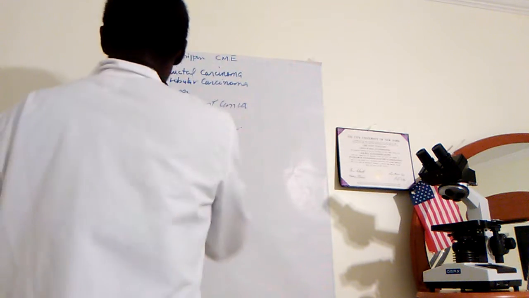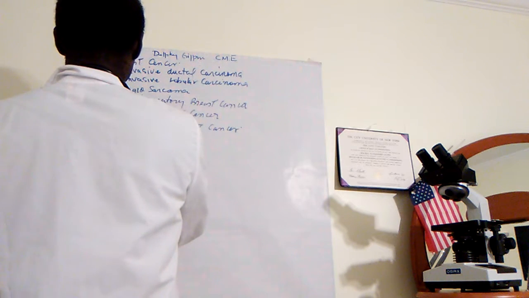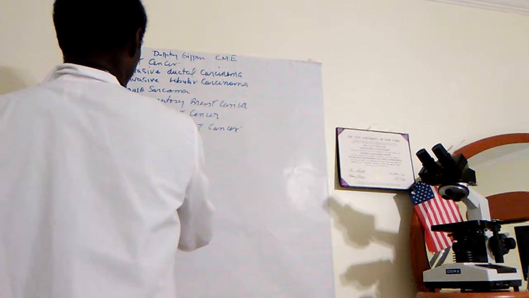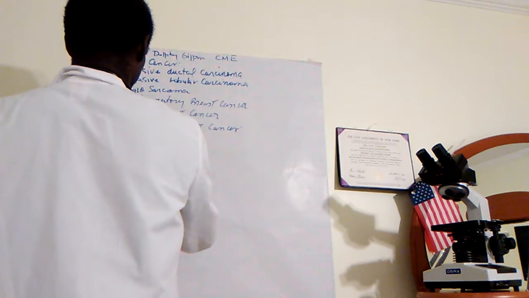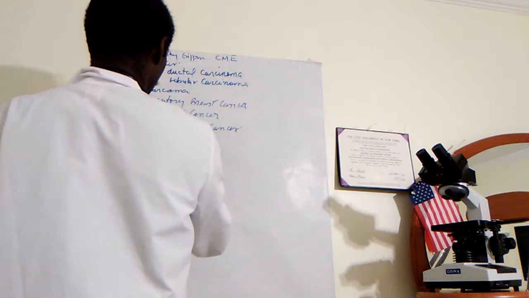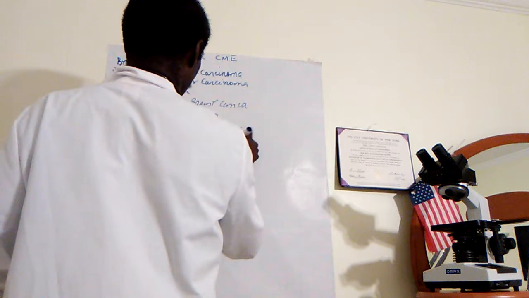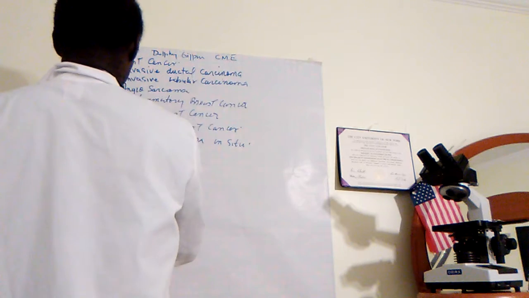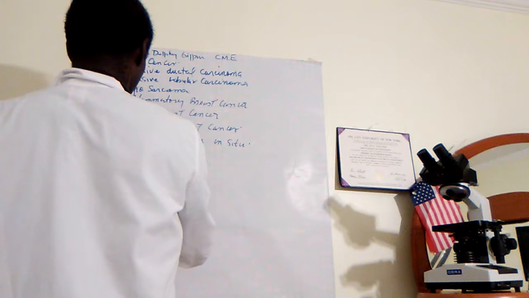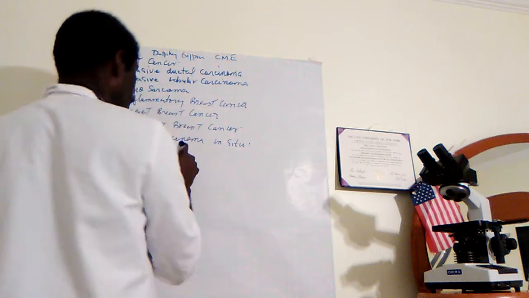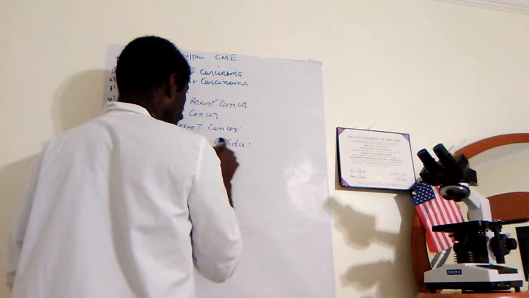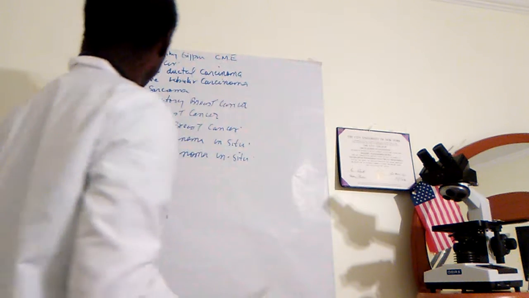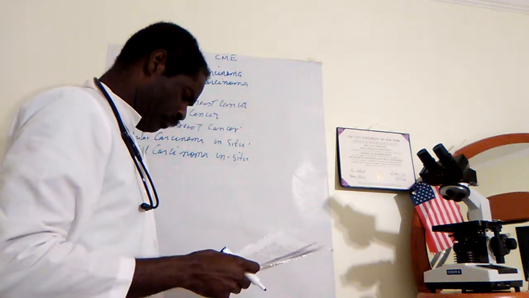We also have lobular carcinoma in situ, and also ductal carcinoma in situ. So those are the types of breast cancer that we have.